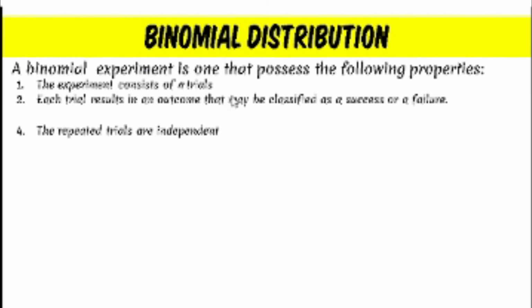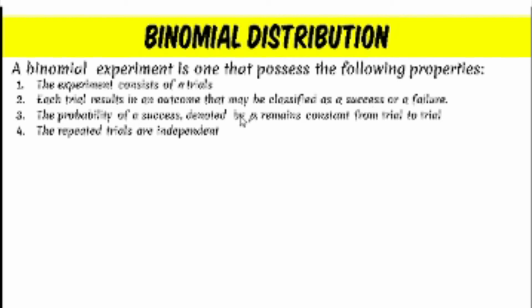So in your experiment, we need to specify what we mean by a success and what we mean by a failure. We can set having a head when we toss a coin as the success, and obtaining a tail as the failure, or it's the other way around. That would depend on how you define what we mean by a success.